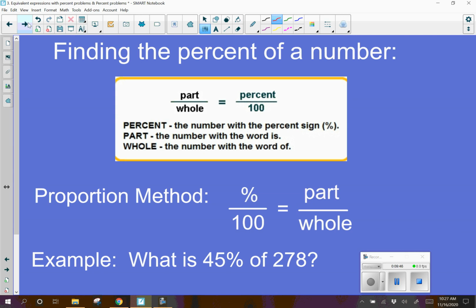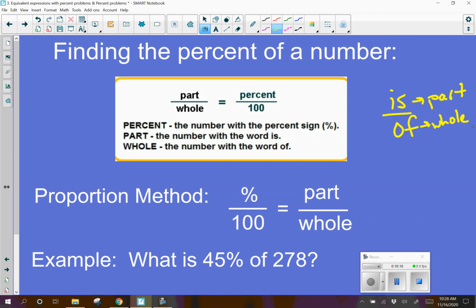Your percentage is obviously the number with the percent sign. Your part is the number with the word "is," and your whole is the number with the word "of." You guys probably remember this from last year as is over of. Those are some good keywords to help you identify which one's the part and which one's the whole.